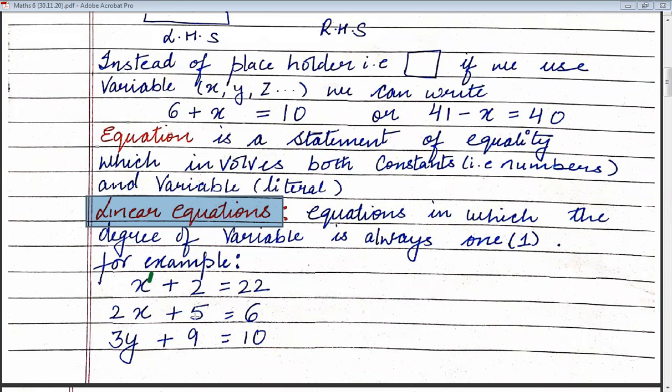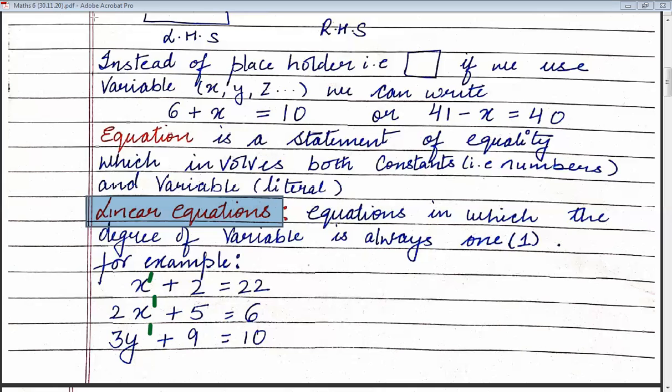Now look at the second example. In this also, your variable is x and the power of x is 1. Now look at the third example. This is an equation, the variable is y and the degree is 1. In all these three equations, your degree is 1.